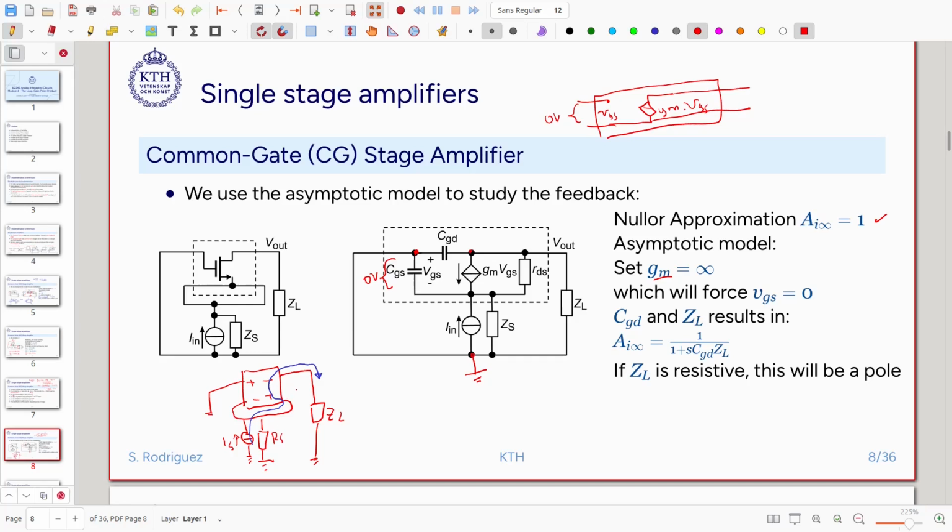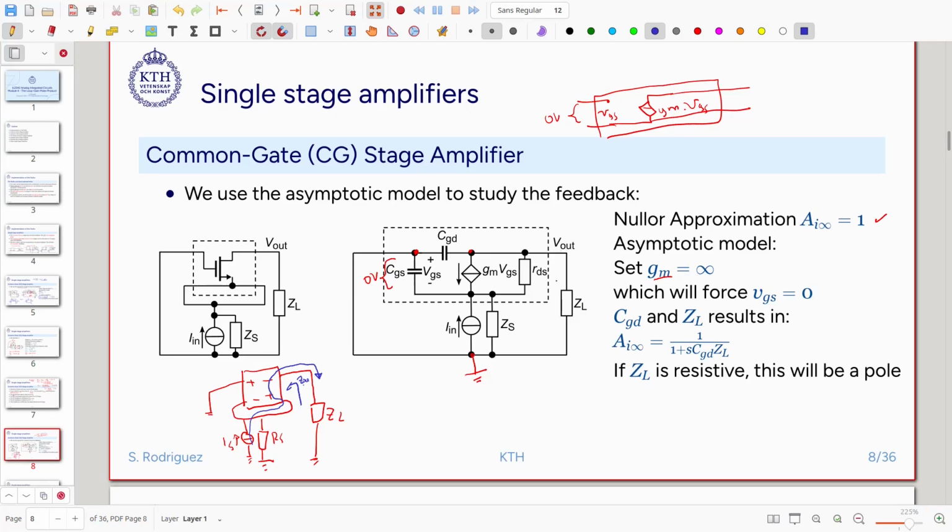So I expect to have extremely large output impedance here, so that all the current goes directly to the load. So if this transconductance is infinite, it creates extremely large output impedance that allows all the current to go towards the load.